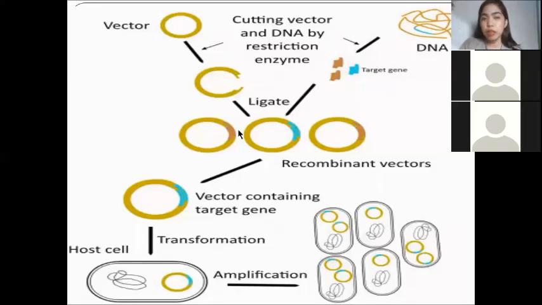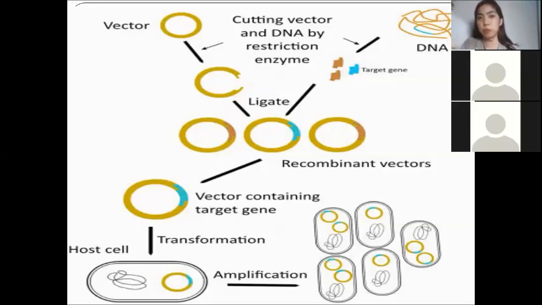Again, the enzyme ligase seals, yung parang nagbaband, the target gene or the gene of interest and the restriction enzyme. When the restriction enzyme and the target gene combine, yun na yung tinatawag na recombinant vector or recombinant DNA. Di ba? Parang joining of two DNA molecules from two different species.